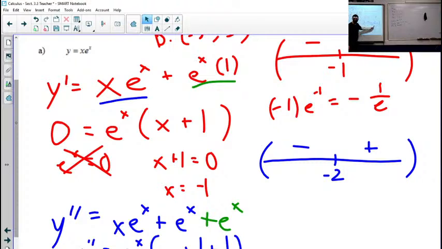Then we start being concave up and hit a minimum at -1, and then we're increasing and concave up the rest of the way. That's what this should look like. So see if you can make a rough sketch of what that looks like.